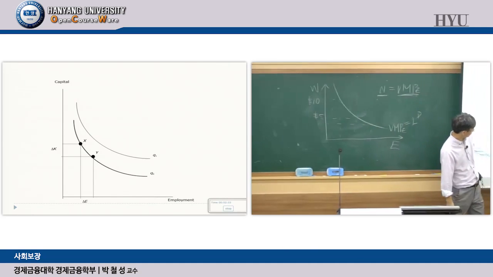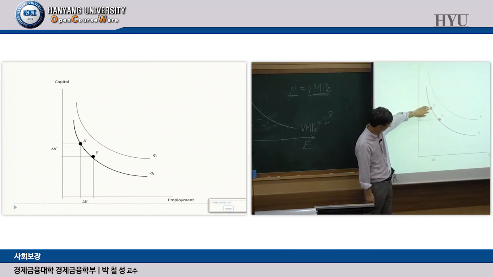So for example, you pick point X, then you have a certain amount of labor input and a certain capital input. And then you can pick other points that make the same amount of output but use different combinations.